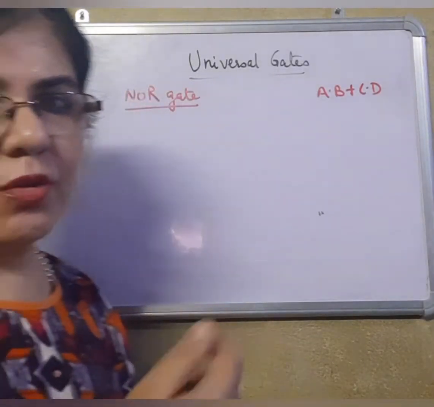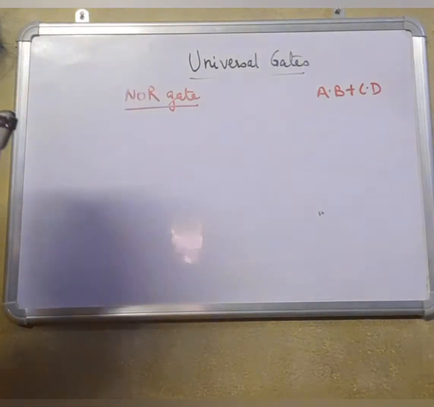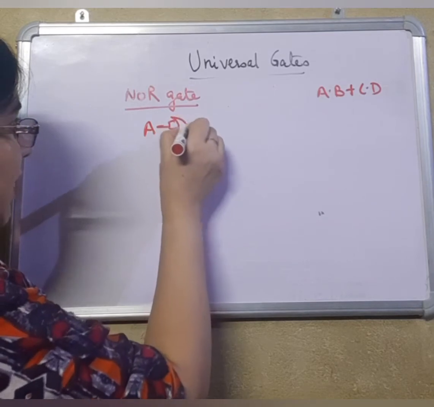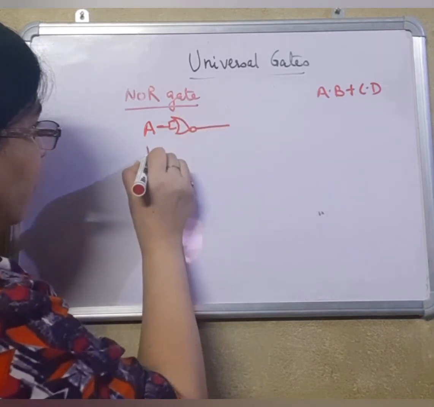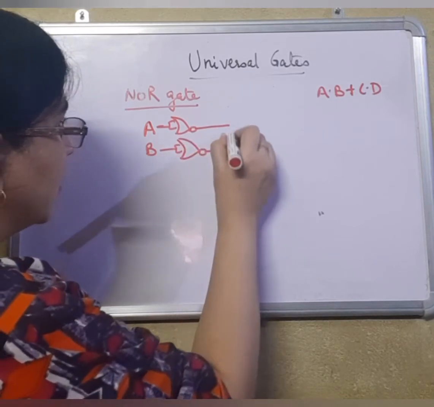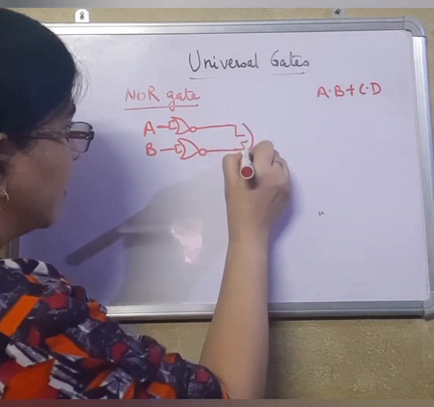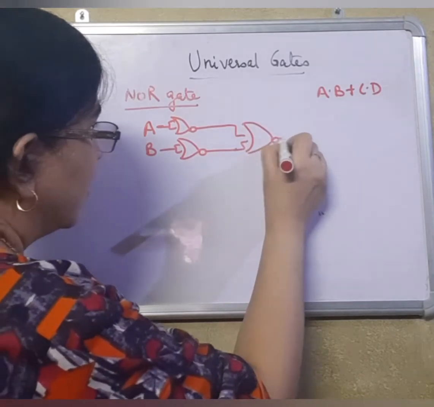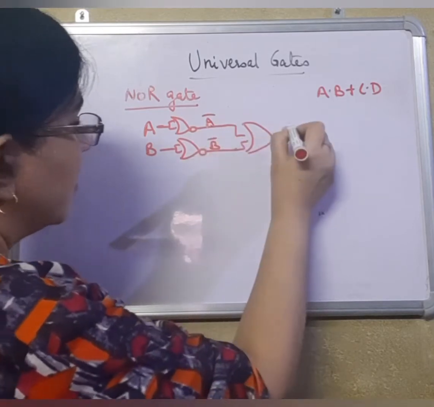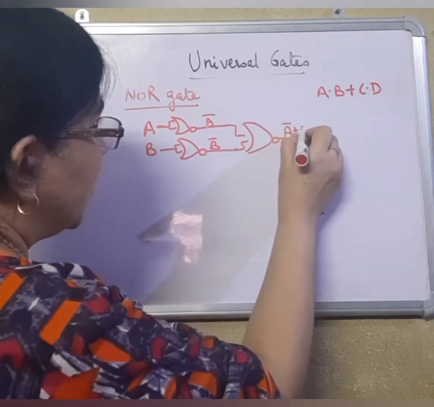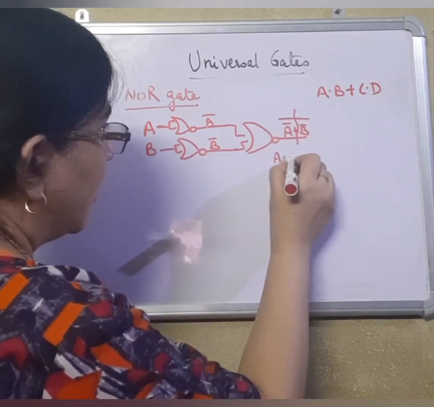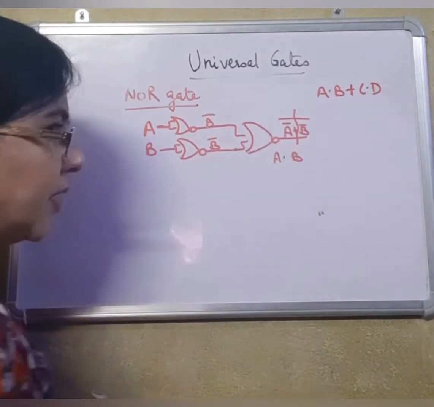And as I have told you a while ago how to create it into a dot, we'll be passing A separately to a NOR gate, B separately to a NOR gate, this was A bar, this was B bar, this is A bar plus B bar, which will break into A dot B. Why am I writing in short?